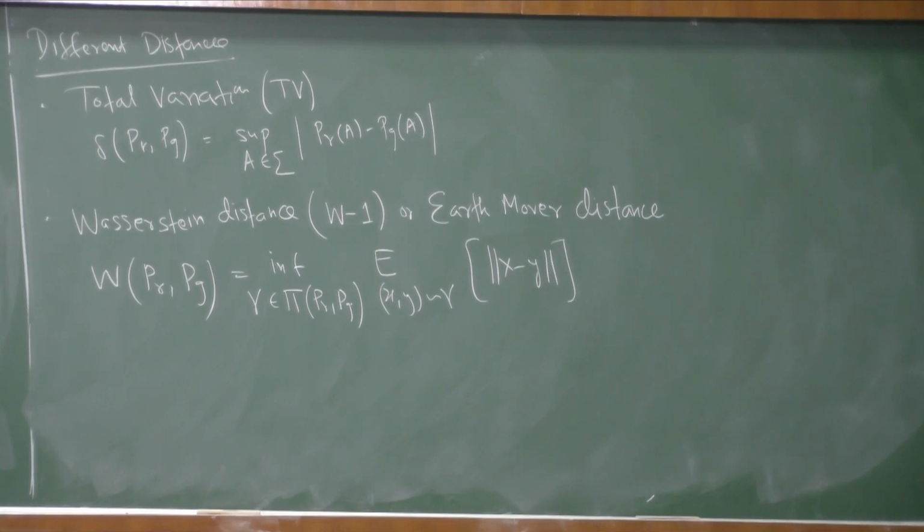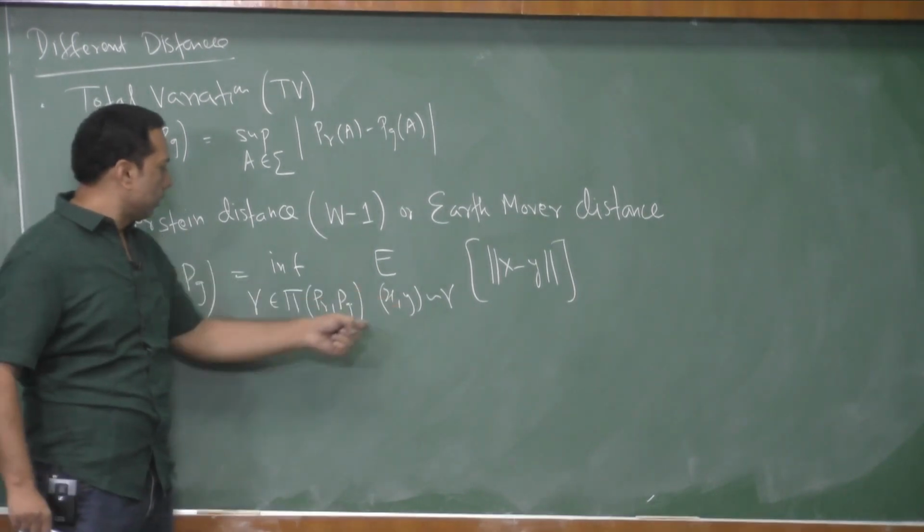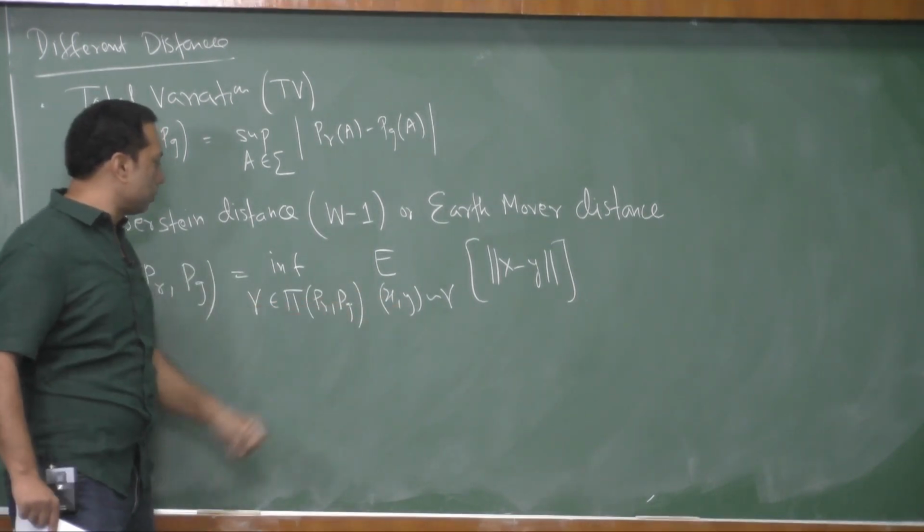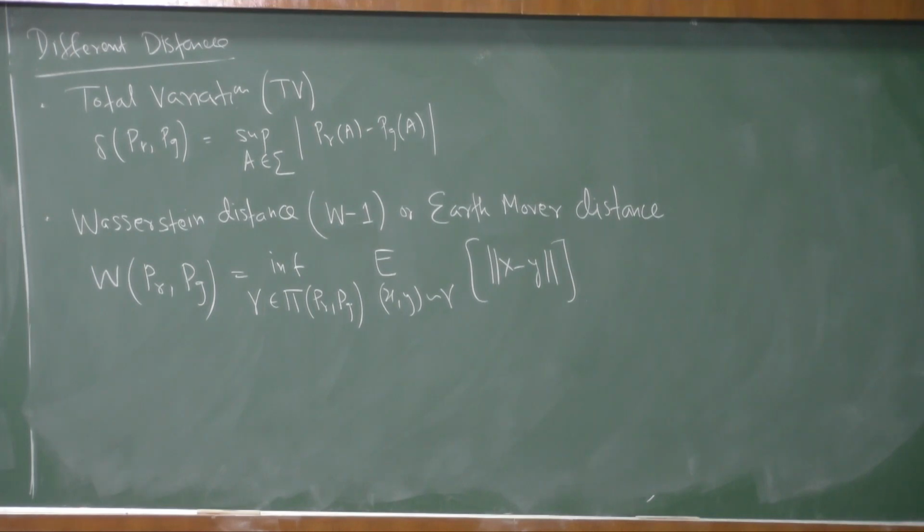So now we are sampling from some joint distribution, and you infimize over all possible joint distributions whose marginals are PR and PG. So there will be a joint PDF, and from there I can generate sample pairs x, y.